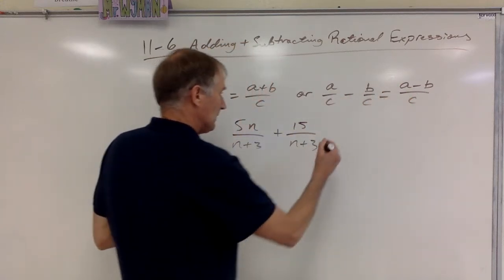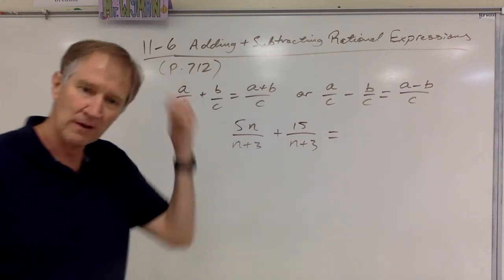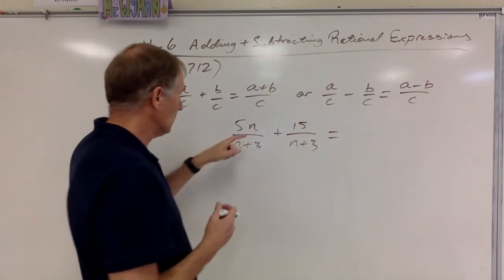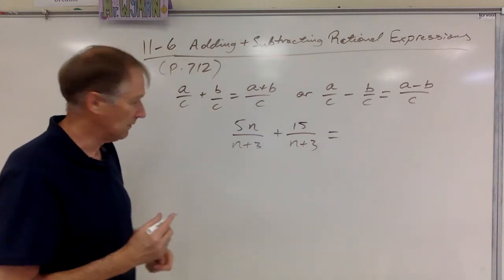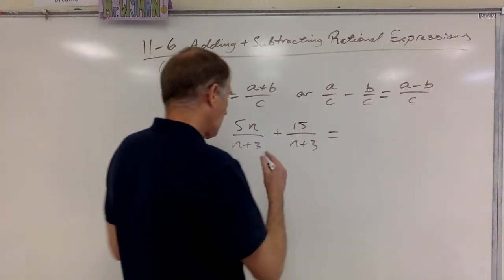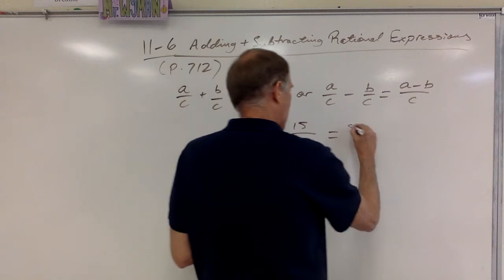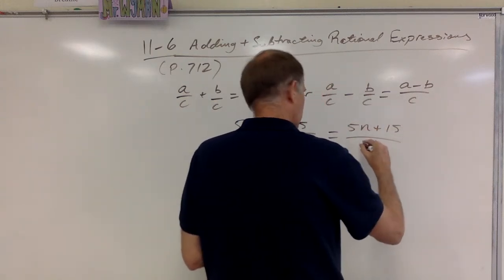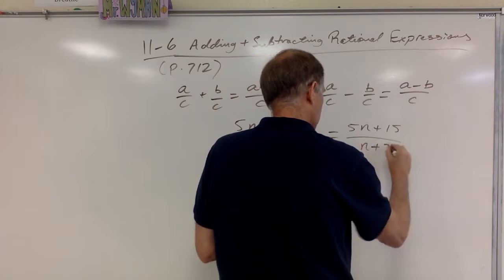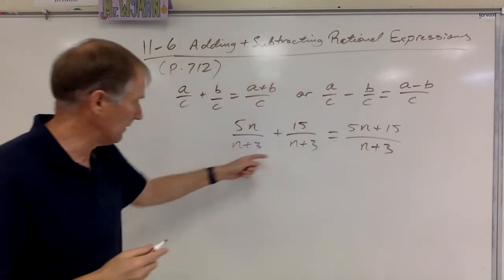We're going to see the same thing here. The first part, we have common denominators, which is really nice. So they have a common denominator of n plus 3. So we're going to add 5n plus 15 all over n plus 3. All right, that's our common denominator.